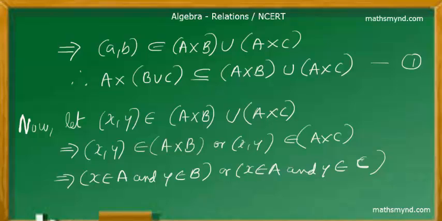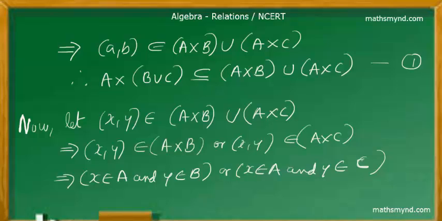If (x, y) is an element of (A × B) ∪ (A × C), it simply means that it belongs to A × B or belongs to A × C. That is, the ordered pair (x, y) is an element of the Cartesian product of sets A and B, or it's an element of the Cartesian product of sets A and C.